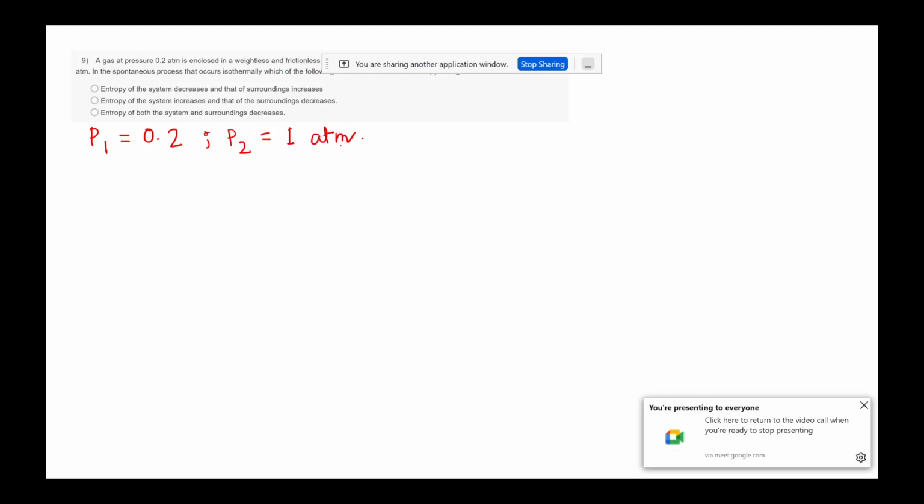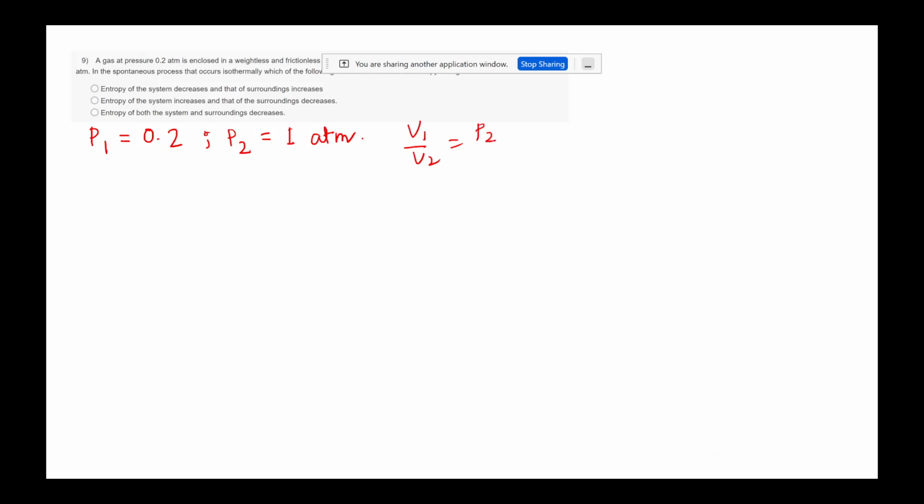Now it's an ideal gas and this is isothermal, so V1 by V2 will be P2 by P1, that is 1 by 0.2, so that will be 5. So it is actually a compression.